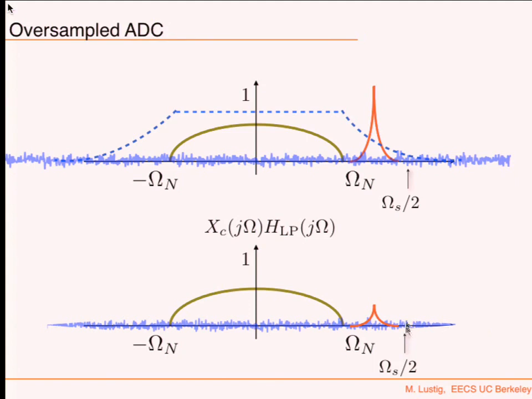So now I'm going to sample at this rate. So I'm going to get replicas every omega sub S after sampling. Okay. So am I going to get aliasing? If I sample at this rate, am I going to get aliasing? What's going to alias to where?